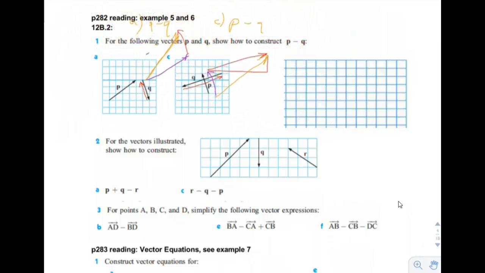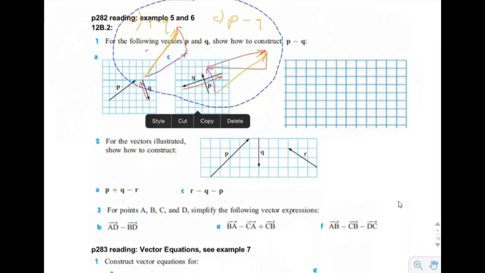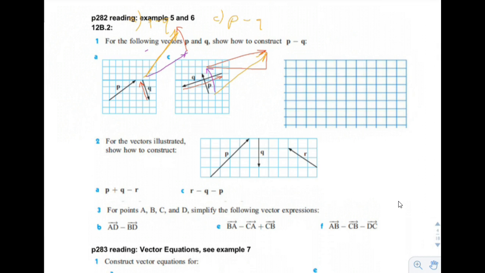Okay. And now I'm going to draw these over here. So minus r would be the same vector but in the opposite direction, right? And minus q would look like that, and minus p would look like that.